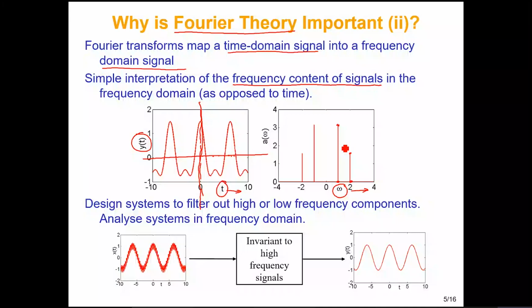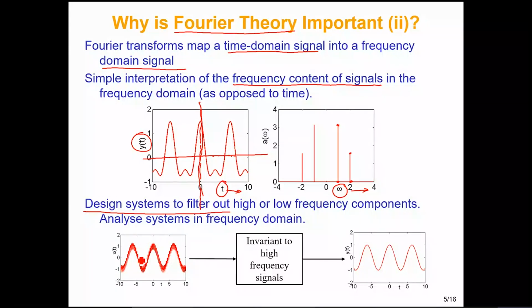And this knowledge actually helps us design systems to filter out either high or low frequency components, whichever are unwanted. We can just remove them, and this can be done if we just know the frequency content. For example, this signal, if you see right here, has a particular low frequency content.